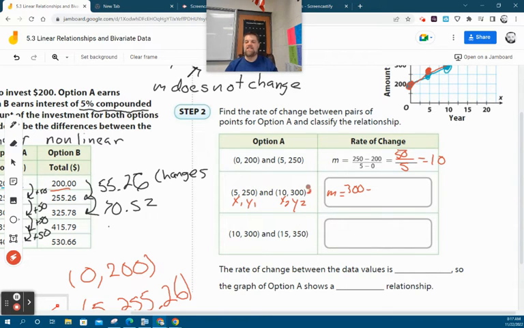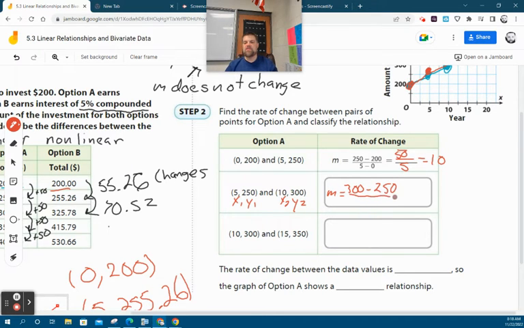When I say y sub 2, I'm saying what is the number that I've associated with y sub 2. When I say what is y sub 1, I'm saying you guys got to look with your eyes. What is y sub 1? 250. Okay? 250.